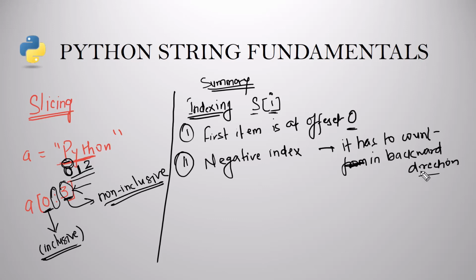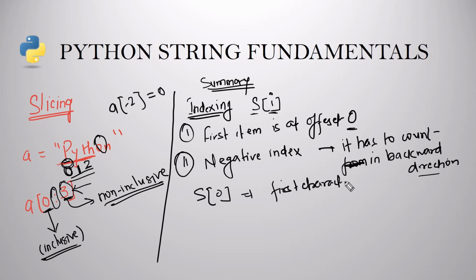So in this case, if we give -2, it will return O. For example, if we give S[0], it will return the first character. If we use S[-2], it will give S[length of S - 2].